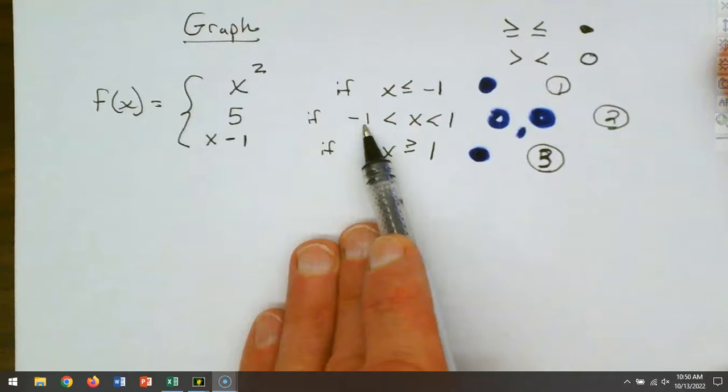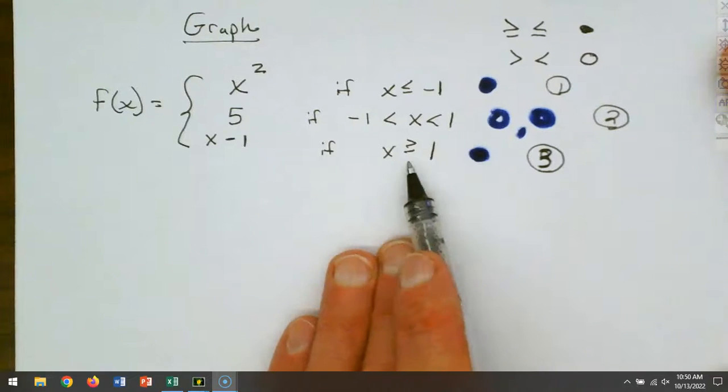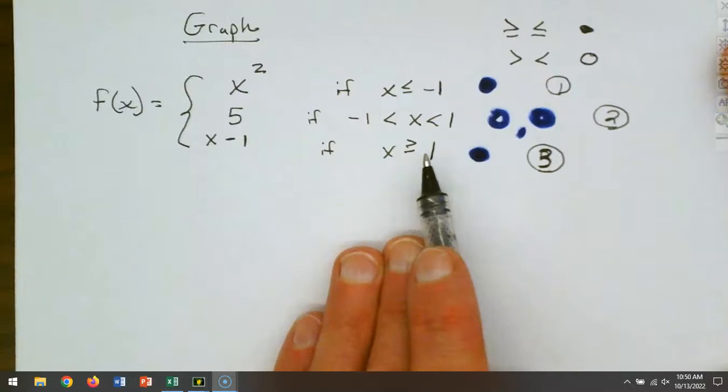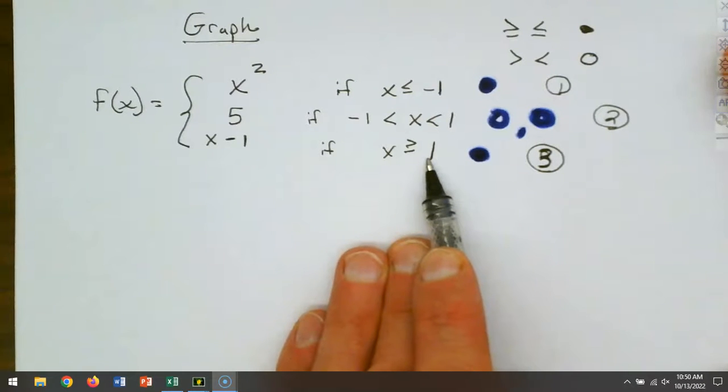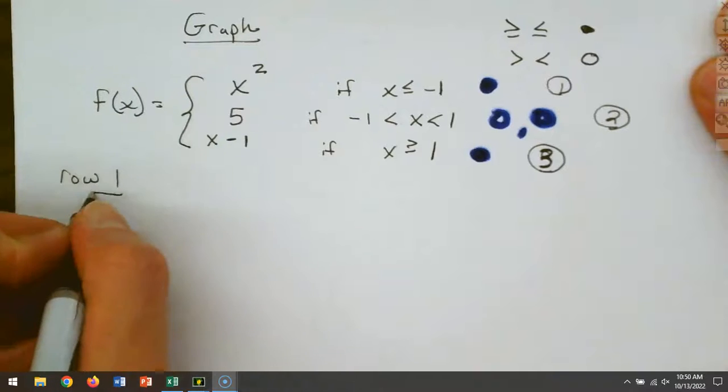This one, row 2, is between. See, they switched around. This one's in between -1 and +1. And what about this one? Okay, this one is for values of x that are bigger than 1.